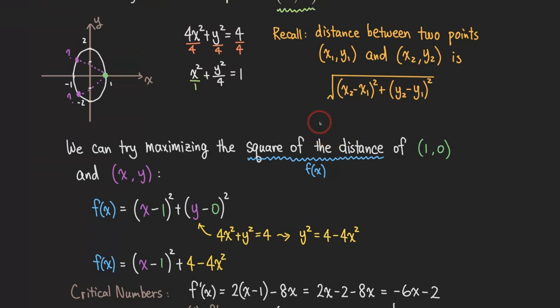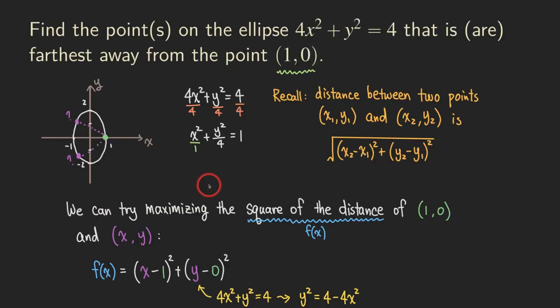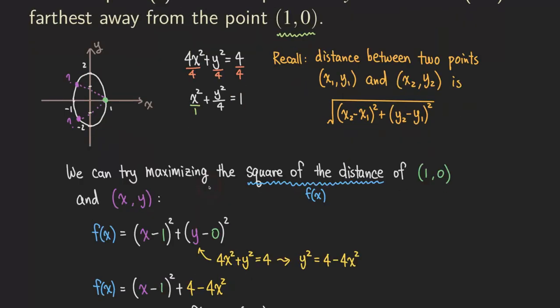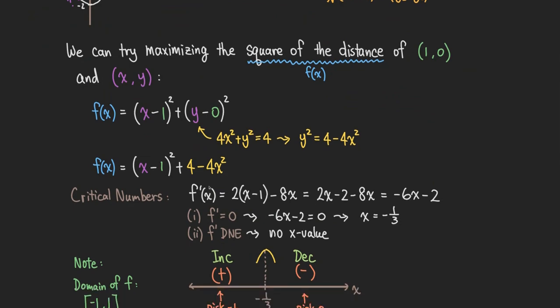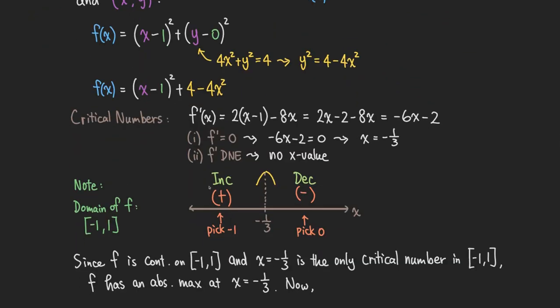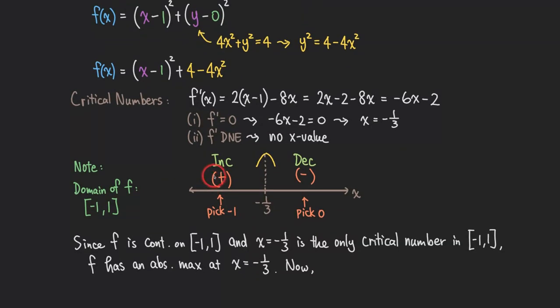But if we are just finding the point, then we can actually just plug it back into this y squared equals 4 minus x squared to find the y value.